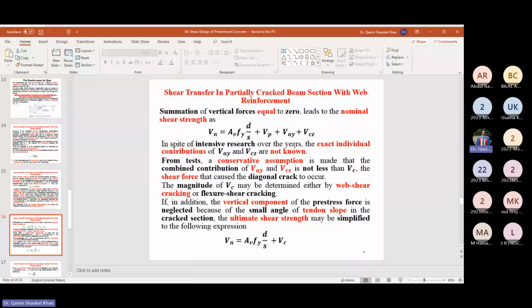Now the revised or updated expression to compute the ultimate shear strength will be equal to the contribution of the U-shaped steel plus the contribution from the concrete part. So everyone agrees with this equation, because in our design and in our numericals, we will be using this expression to calculate the ultimate shear strength.